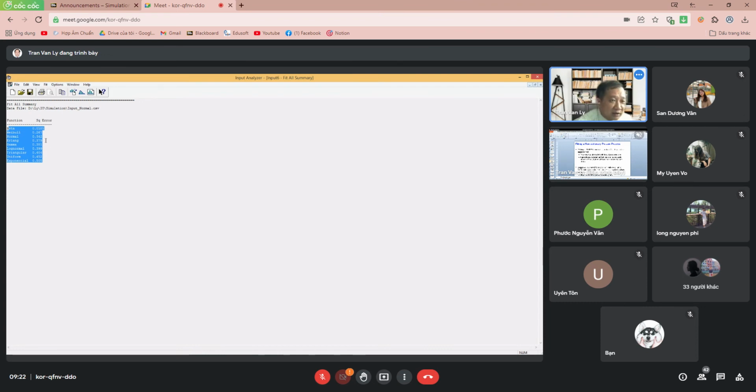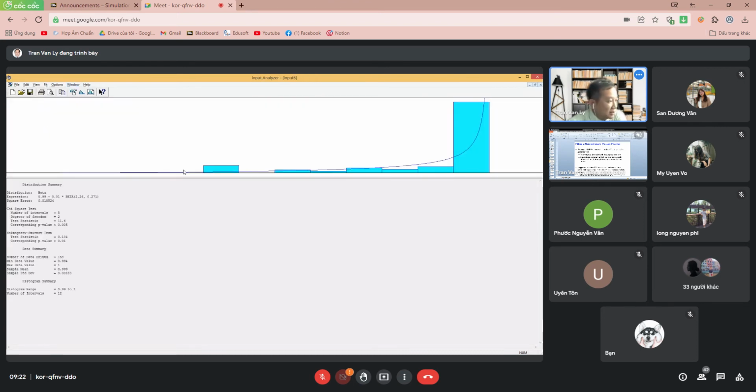You select the one with the smallest error. What are the criteria that you apply to select the appropriate distribution according to a series of your data?